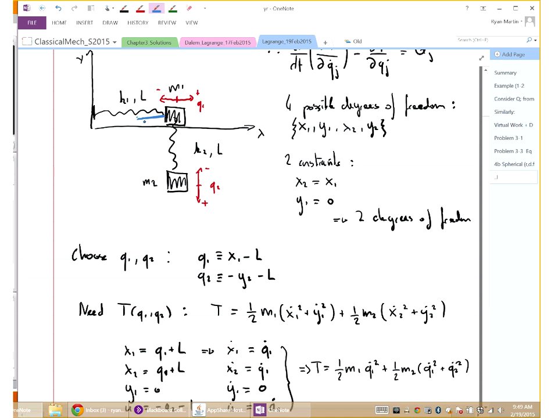So we have the restoring force of the first spring, which I'll call F1. We have the restoring force of the second spring, which I'll call F2. And then we have the weight of M2, which I'll call F3.